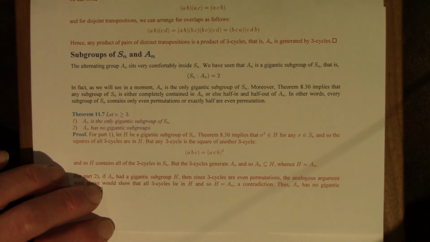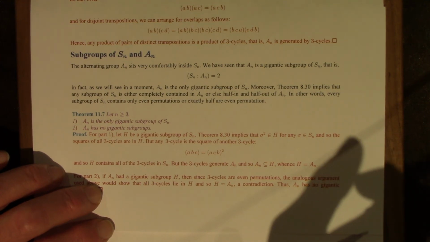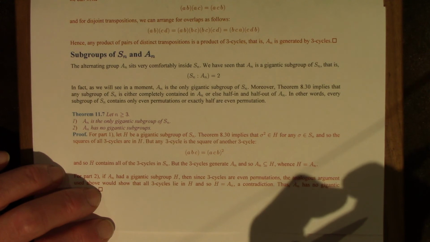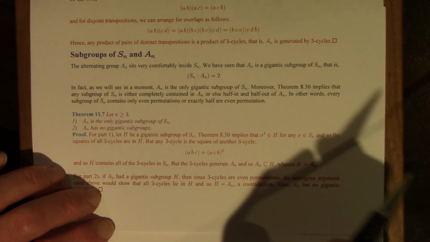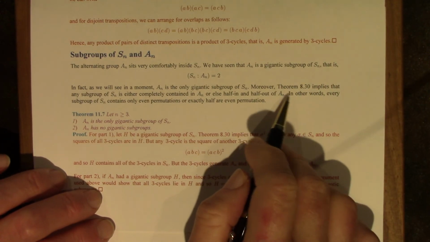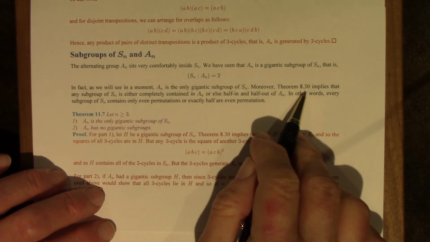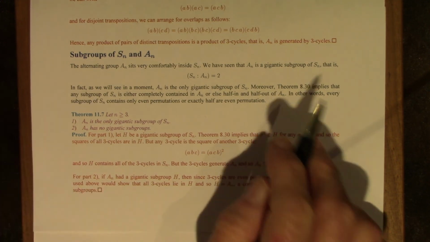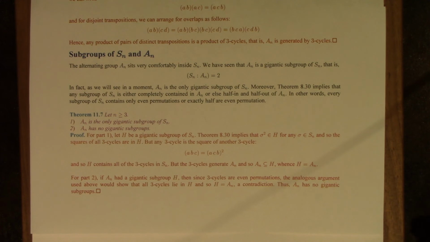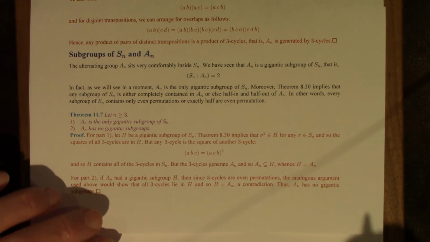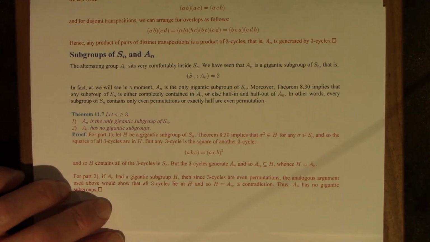And what we're going to show is that An is in fact the only gigantic subgroup of Sn. Moreover, a theorem from chapter 8, 8.30, implies that any subgroup of Sn is either completely contained in An or else it is half in and half out of An.